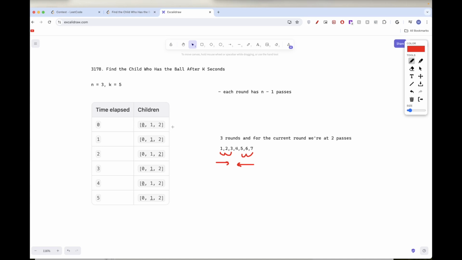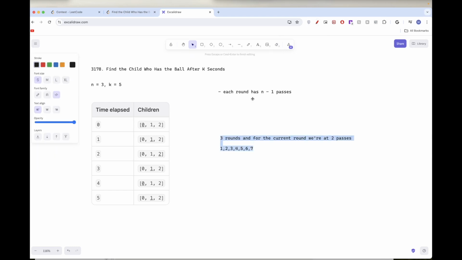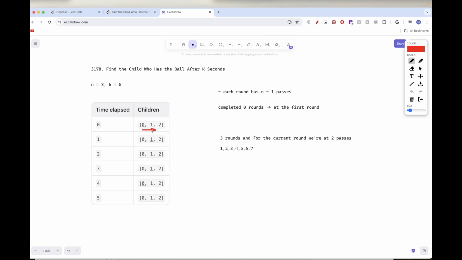Now let's see how it can help us know. Let's take if we already completed 0 rounds. So completed 0 rounds, what does that mean? That means we are at the first round, but it did not complete yet. Okay. Now in that case, we know that the direction is forward because we start out going forward, right?